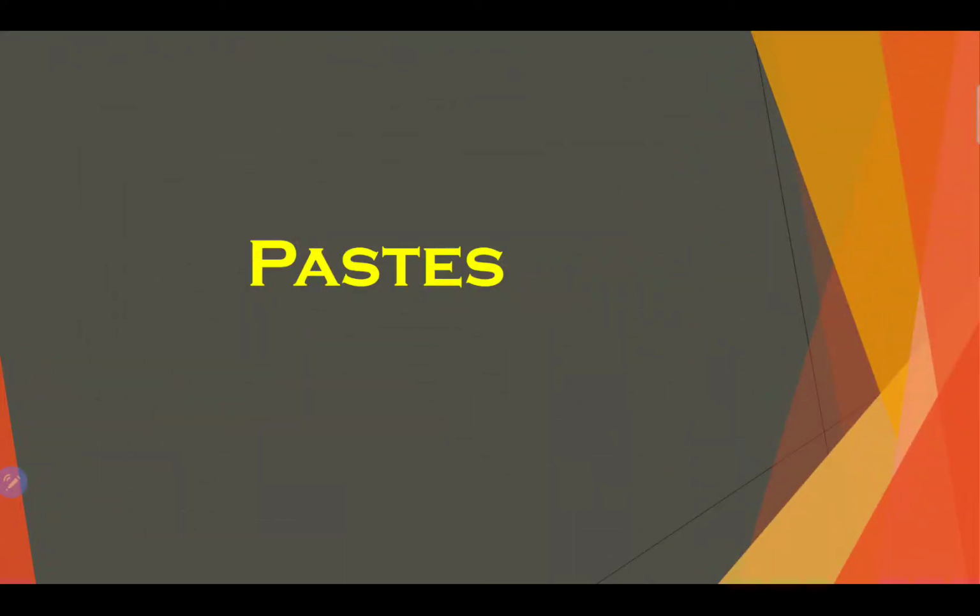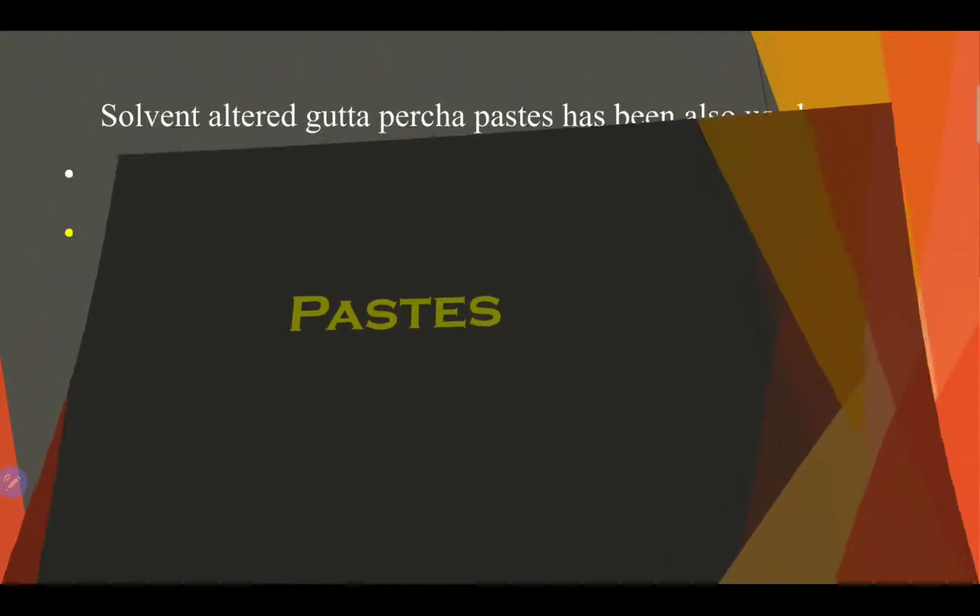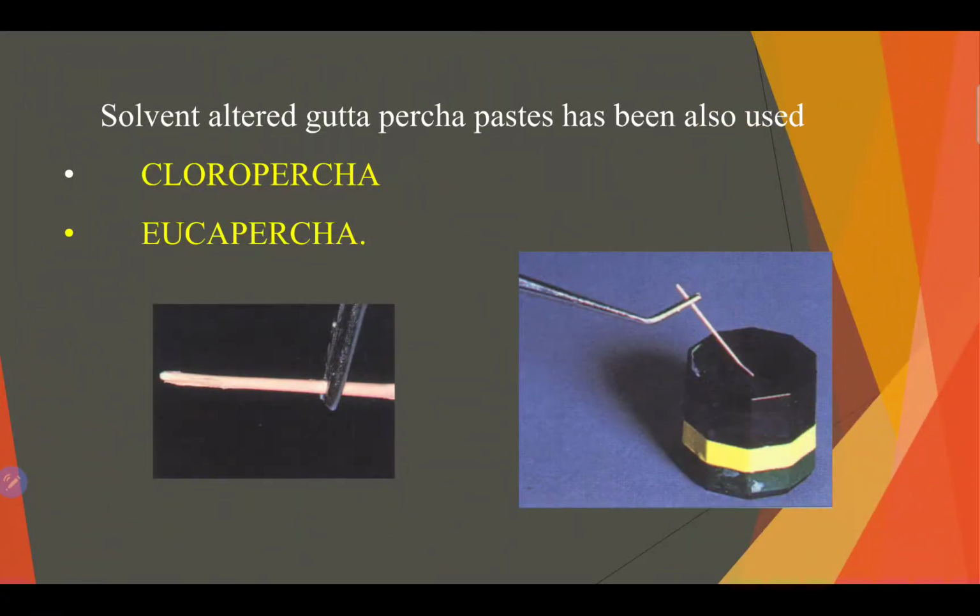Second thing, we will talk about the pastes. Now, besides solvent, the gutta-percha pastes have also been used as chloro-percha and eu-percha.